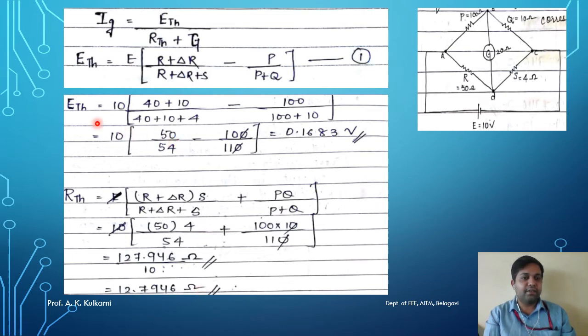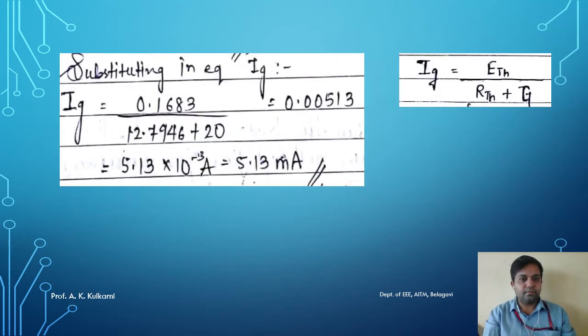After getting the Thevenin's voltage and the resistance value, we need to substitute in this equation to find out the galvanometer current value. G is nothing but the galvanometer's internal resistance, which is already given in our problem statement, that is 20 ohm.